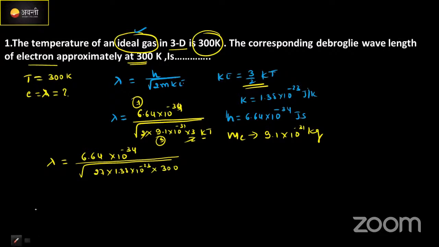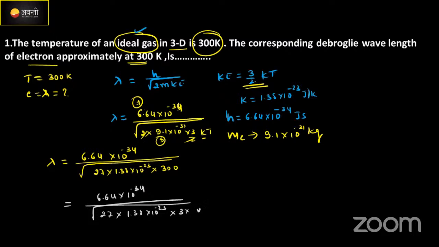I will simplify one more step. Try once. 6.64 into 10 to the power of minus 34 divided by under root of 27 into 1.38 into 10 to the power of minus 23. Here 300 we can write as 3 into 100.